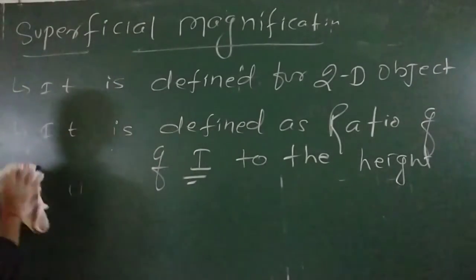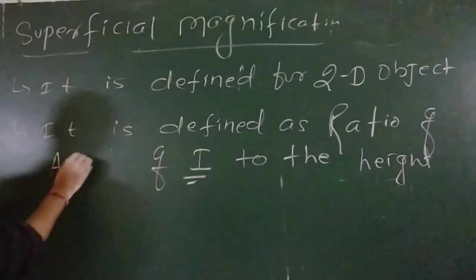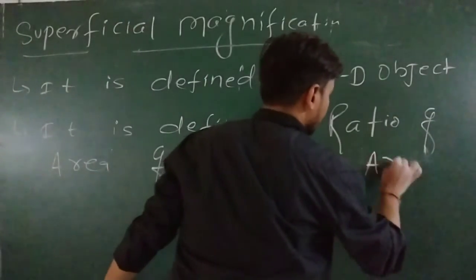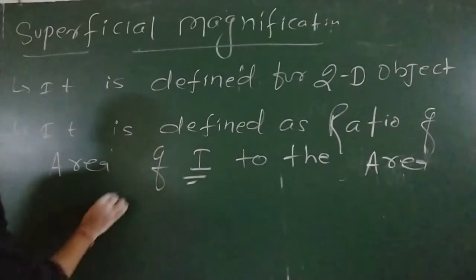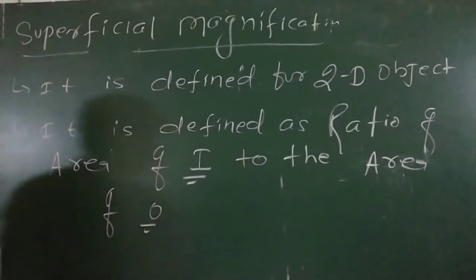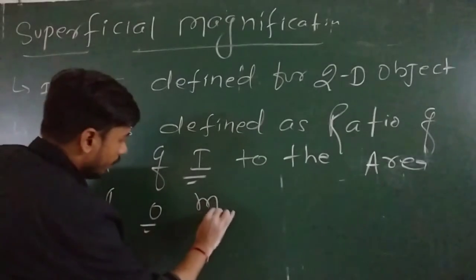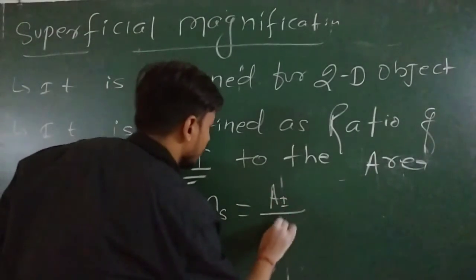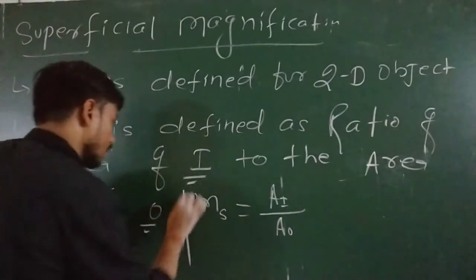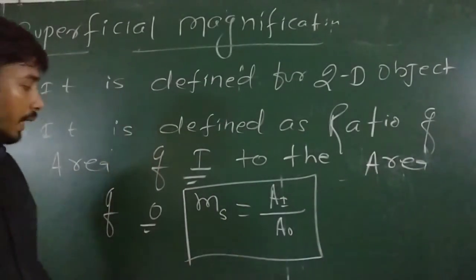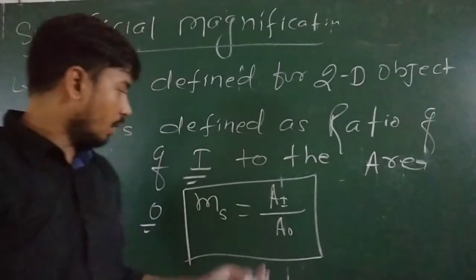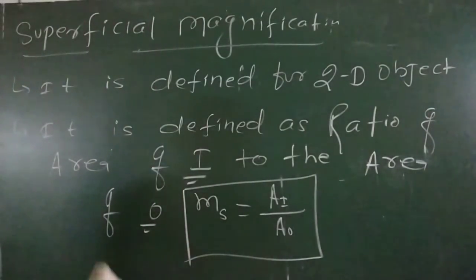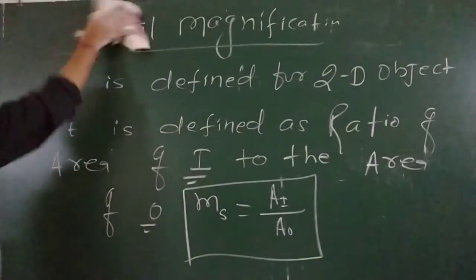Ratio of area, superficial, so area of image to the area of object, right? So superficial magnification becomes area of image divided by area of object. Now again we are going to make its formula of superficial magnification.